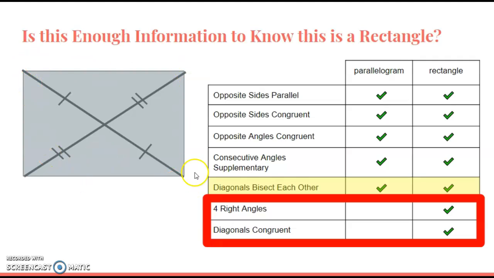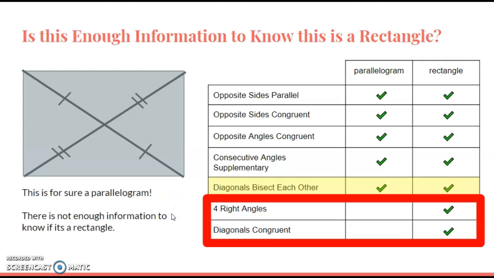Nothing about this shape tells me that it's a rectangle. Sure, it's drawn to look like one, but all that it's really giving me is a property of parallelograms. It's not giving me an additional rectangular property. So this is for sure a parallelogram, but I don't have enough information to know if it's a rectangle.